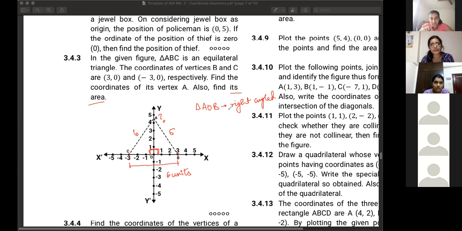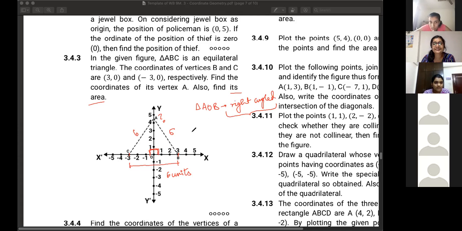What is the special thing that you know about right angle triangles? Ma'am, AB plus BC equal to AC square. Pythagoras theorem. You guys are right, but is what Aryan said correct?